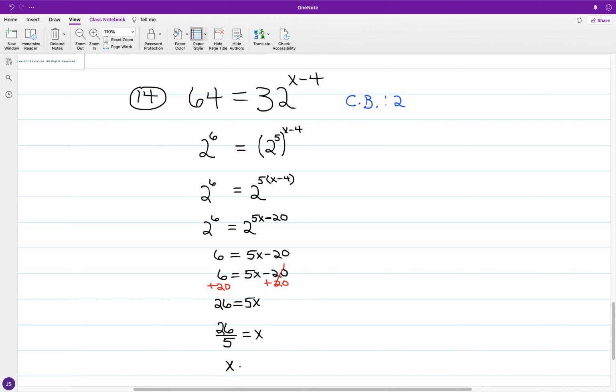So for x, you can either write it as a fraction or as a decimal. So you have x is equal to 26 fifths, and writing as a decimal, x is equal to 5.2.